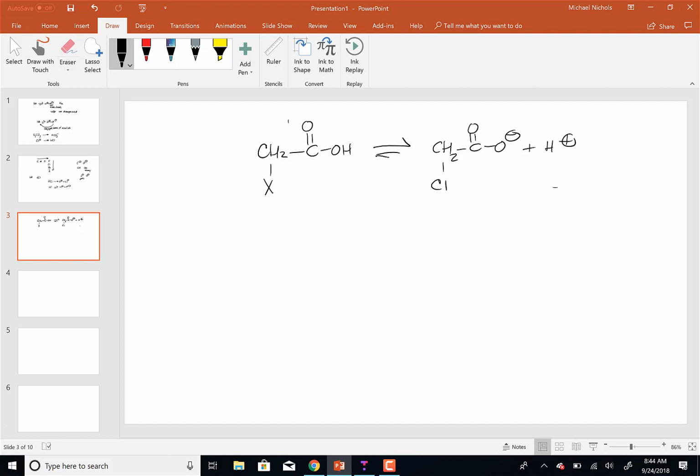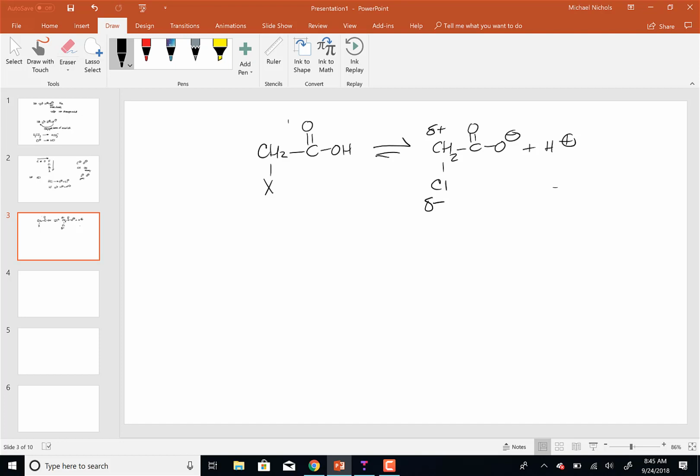If I put a chlorine there, what is its charge? What's the charge on the chlorine? Negative. What kind of negative? Partial negative. So the chlorine's delta minus. What's the charge of the carbon in the CH2? Thank you. Partial positive.